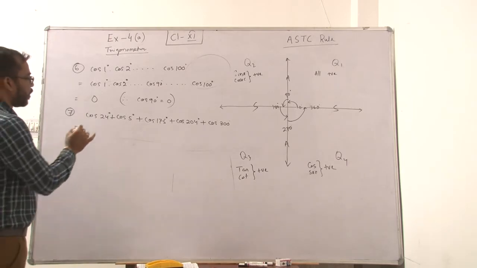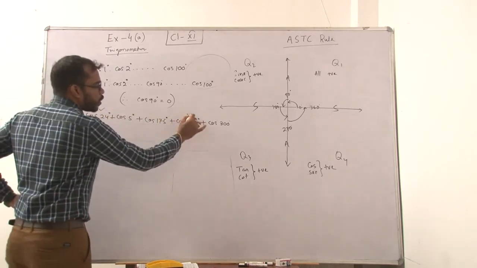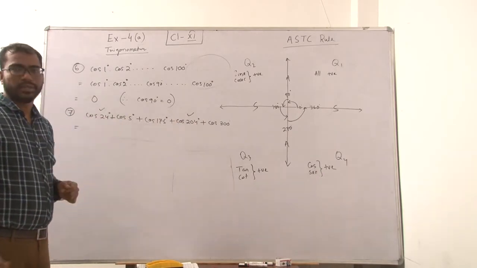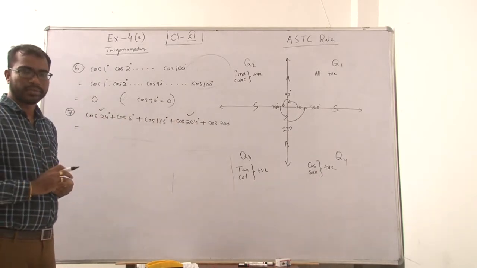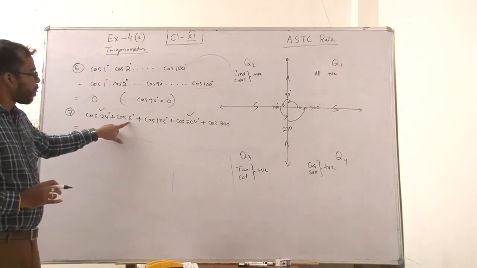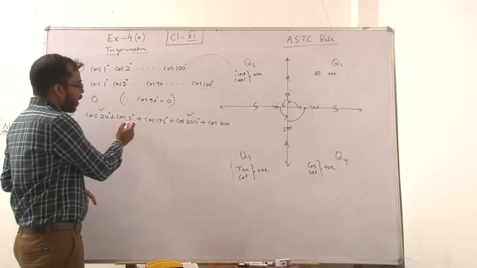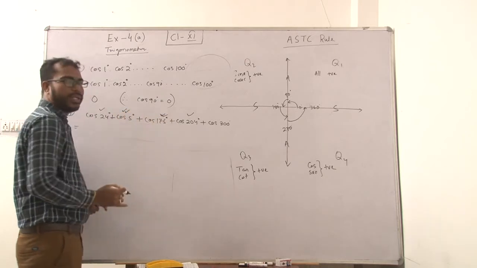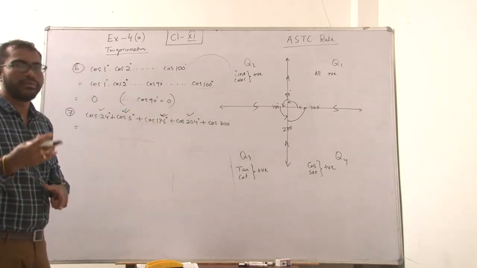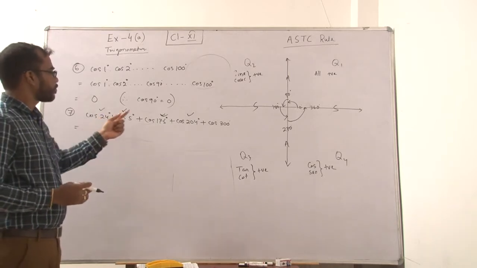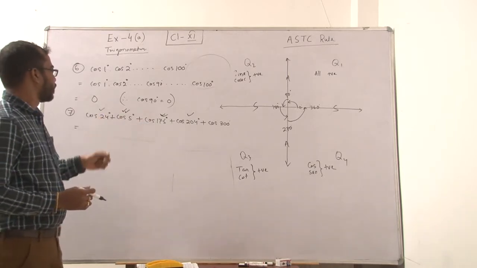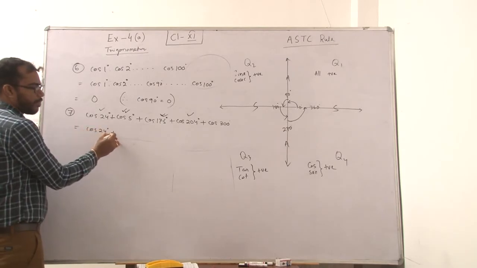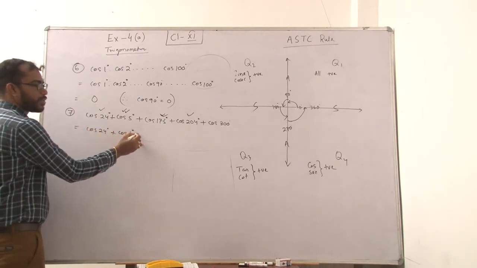That means we can find the relation between the T ratios. If we take cos 24 and cos 204 degree and subtract the angles, then you get 180 degree. And if we take 5 degree and 175 degree and add them, then we get 180 degree. So cos 24 remains the same, cos 5 degree remains the same.